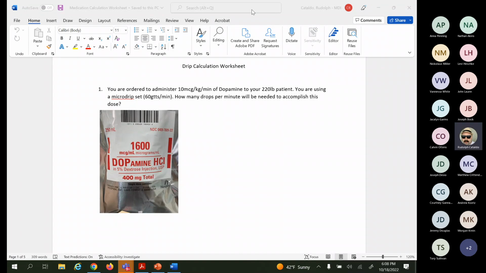You guys can still see the screen, right? Yep. So when I go to write on this, you can't see. You can't see the red. No. I don't know why that's doing that.